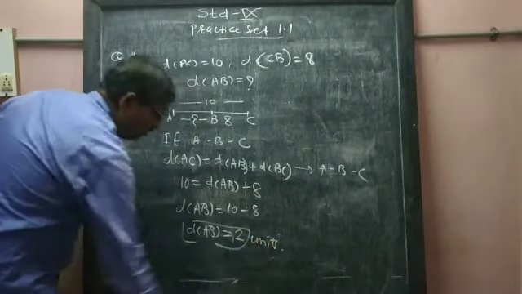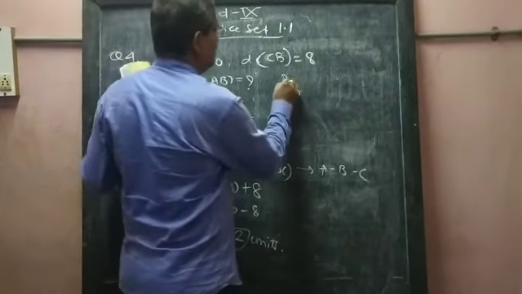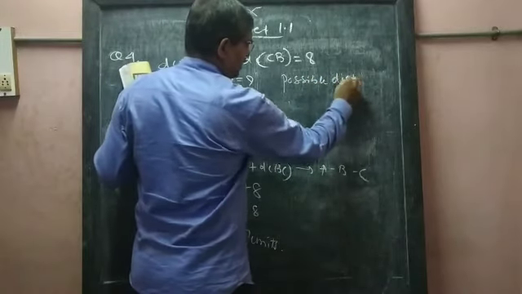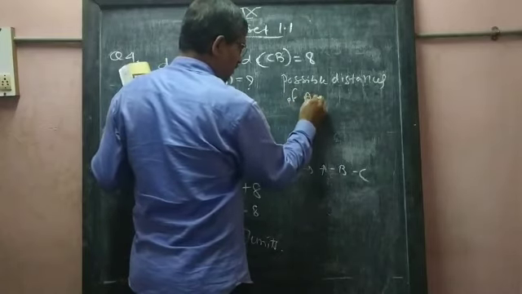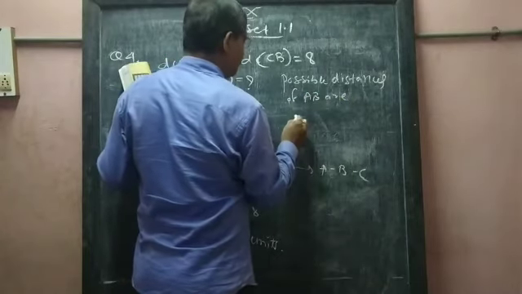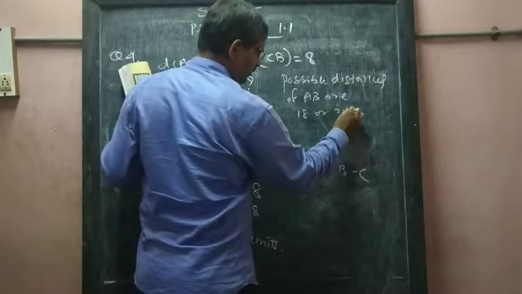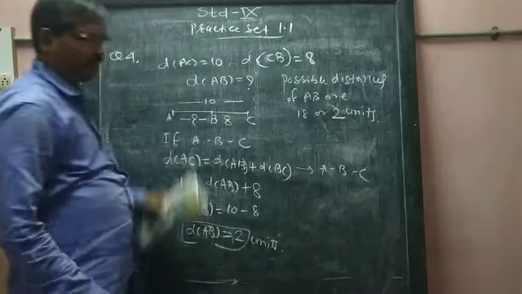So what are the possibilities of distance AB? At last you may write here possible distances of AB are 18 or 2 units.